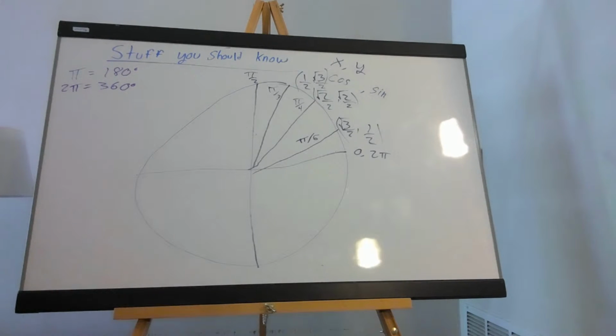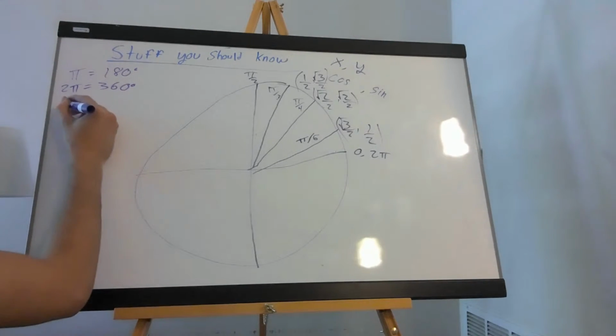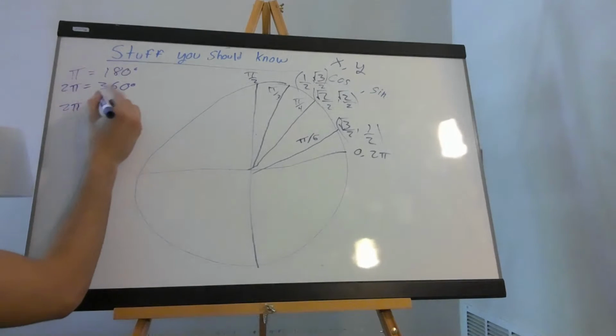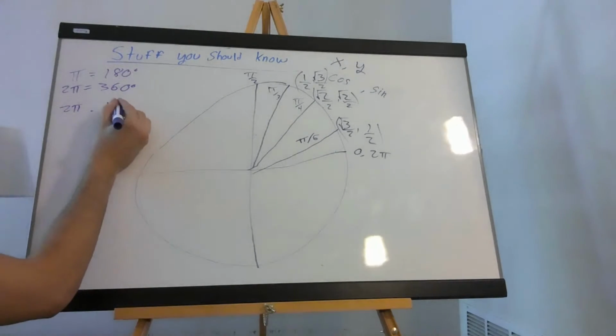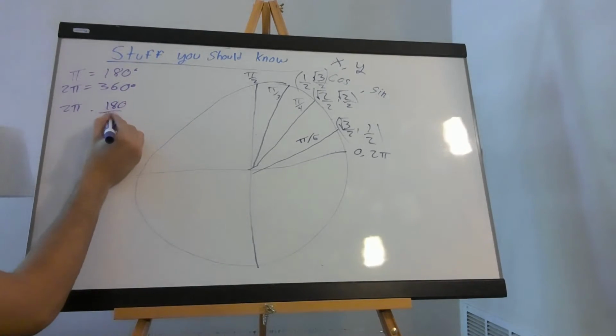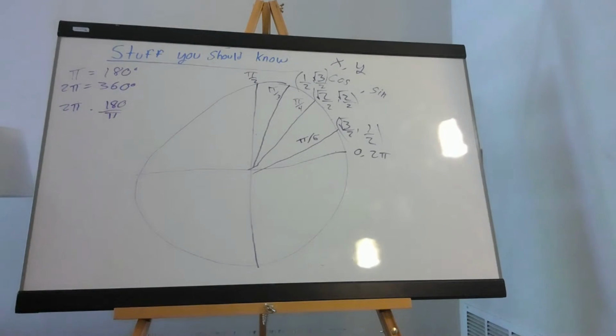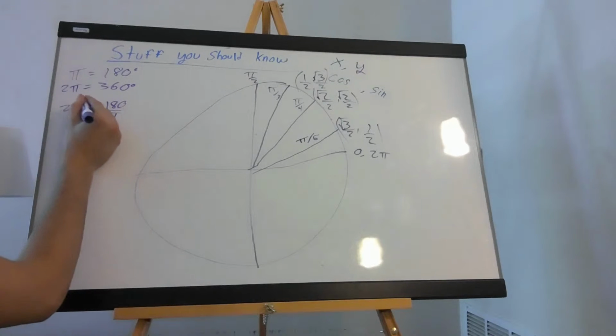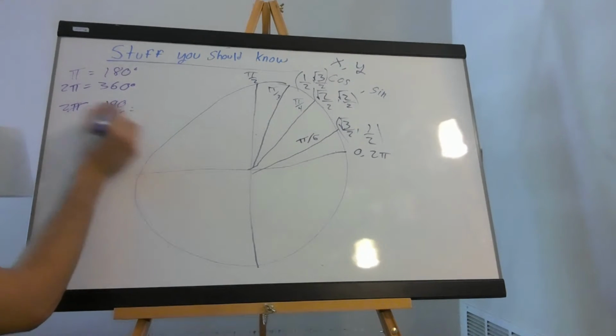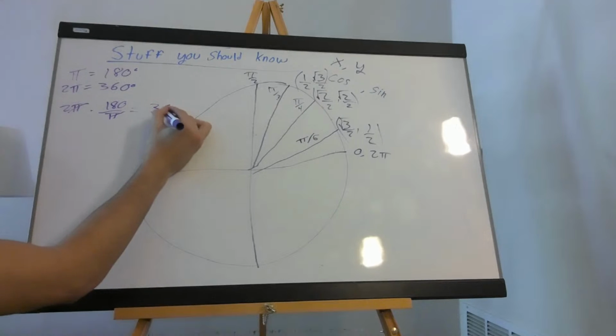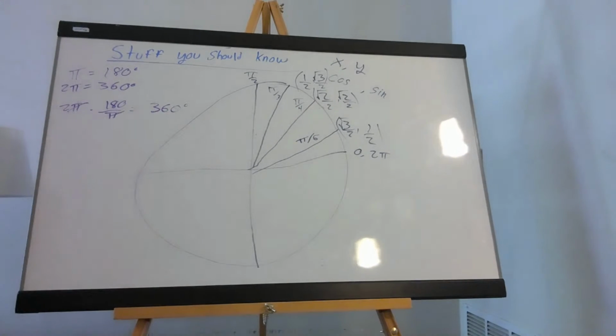And if you want to do the conversion in your head, you could do 2 pi times 180 divided by pi. This is unit conversion, I think they call it dimensional analysis in chemistry. I don't really care what you call it, just make sure you got the right things on the bottom. So 2 times 180 gives us 360 degrees.